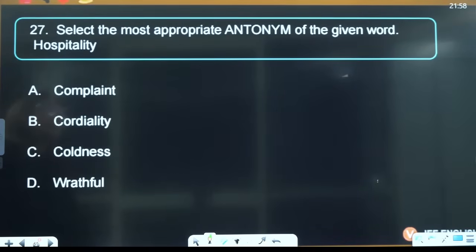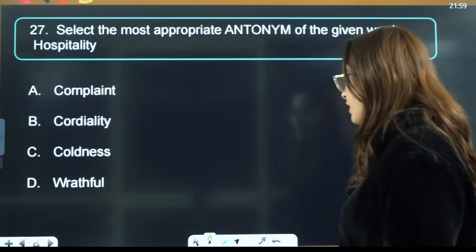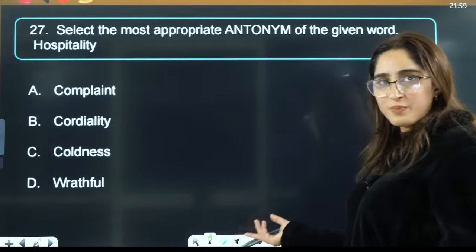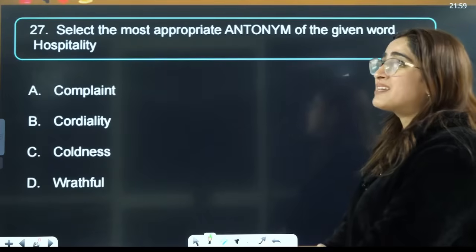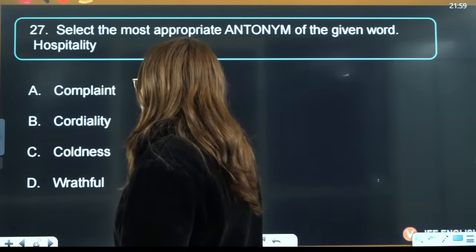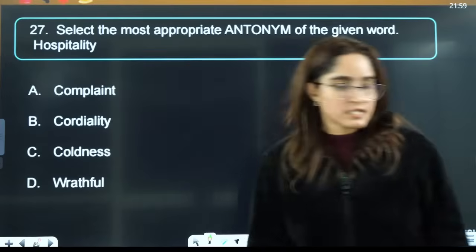Select the most appropriate noun of the given word: hospitality, complaint, cordiality, coldness, warmth. Hospitality means you take good care of someone, right? So that means warmth.